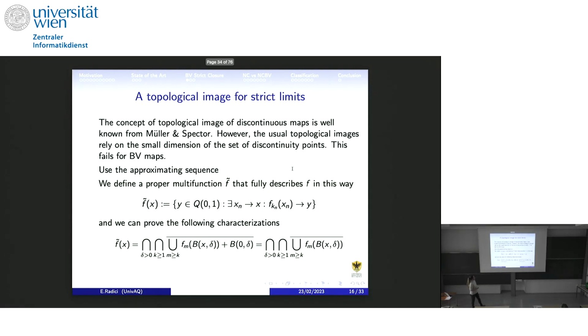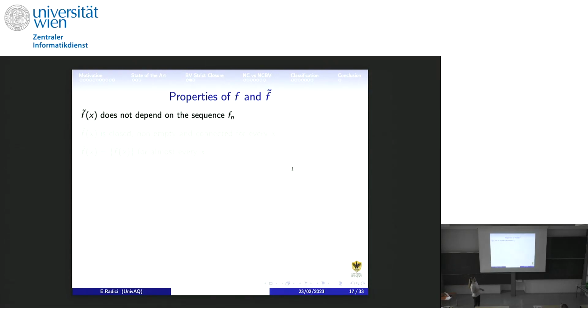We define a proper multifunction, which we call F tilde, that associates to each point of the pre-image, in the image, all the possible limits that you can obtain using subsequences of your originating sequence. Then you can prove two geometric characterizations of this image set, and thanks to them we can prove very nice things.